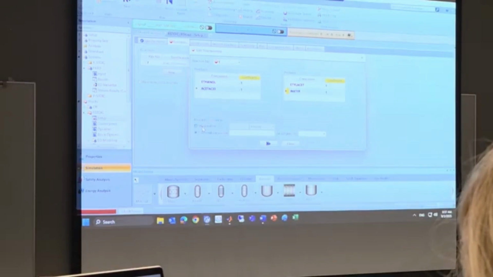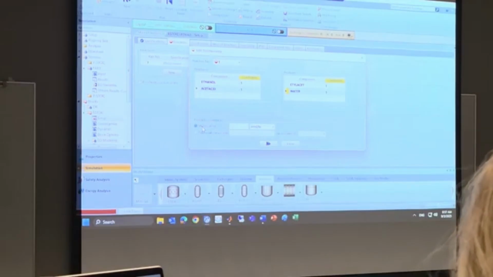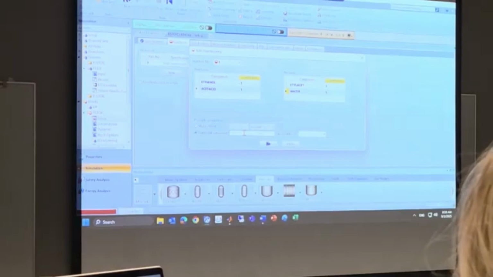As you can see, you can choose molar extent. If you know the mole flow, you can choose the molar extent, or you can choose fractional conversion. So how do you know this fractional conversion? You can do a Google search or get some reference, and you can find out.